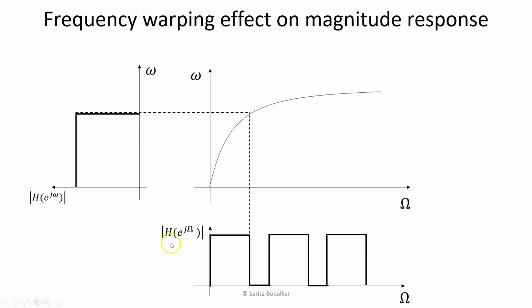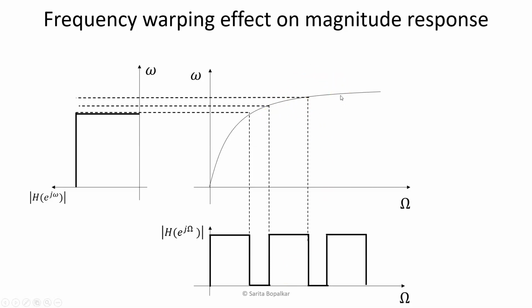So these analog frequencies we are mapping through this non-linear relation and we are getting this omega value. This complete range from 0 to this frequency we have mapped to the digital frequency, and you can say here these lower frequencies get expanded in the digital domain. Now let's take this middle frequency range. We map it on the non-linear relation, and in the digital frequency it becomes compressed. This middle frequency gets compressed.